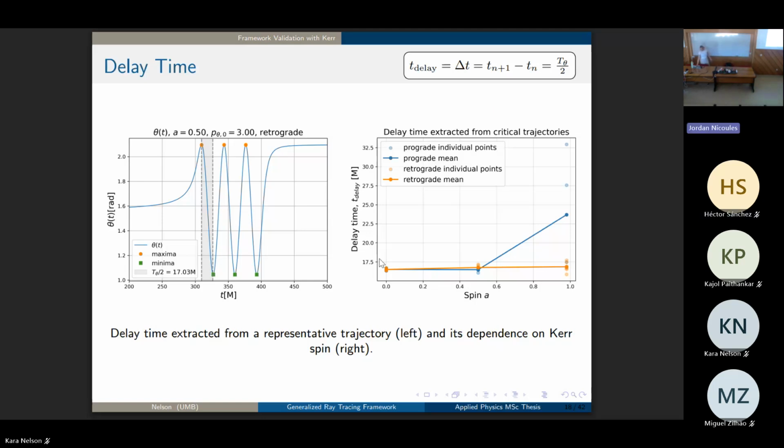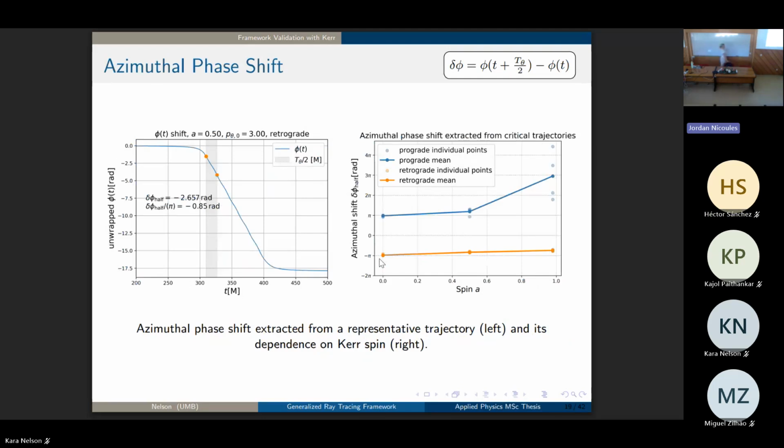And then the last one that we are able to calculate is the azimuthal phase shift. This is really just, within that delay time, how much our accumulated phi is changing. And again, you can see this nice asymmetry start to grow.